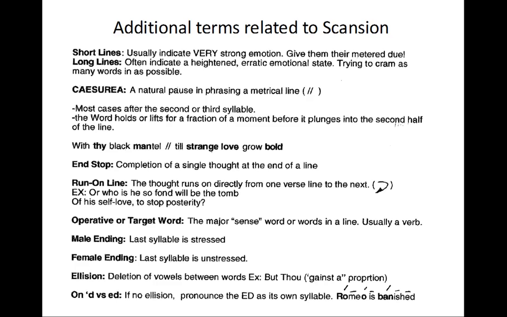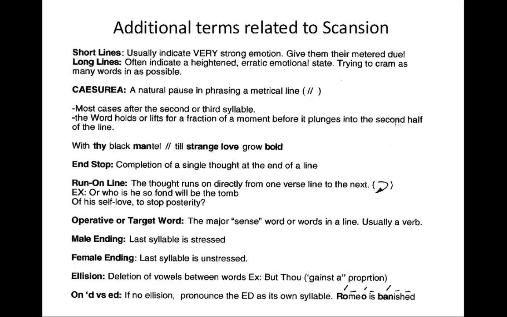The last thing that I want to bring up, oh right, it's on the bottom of the sheet. When we have a word that ends with an ed, usually the editors of the text are going to make this decision for us. They will take the e out if they don't want it pronounced. They'll keep the e in if they want the ed pronounced.